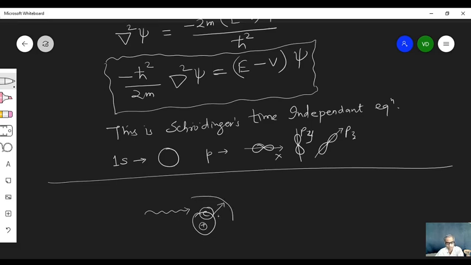Or it will absorb, or not absorb, whatever the possibilities may be. So in that case, we have to talk about time dependent phenomena. This is time dependent, and therefore we talk about the Schrodinger time dependent equation.